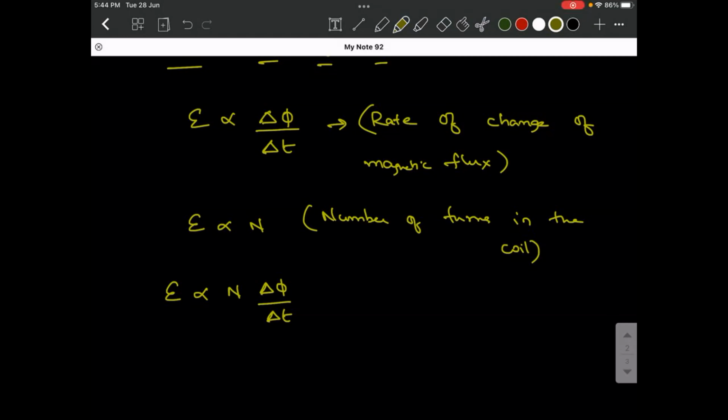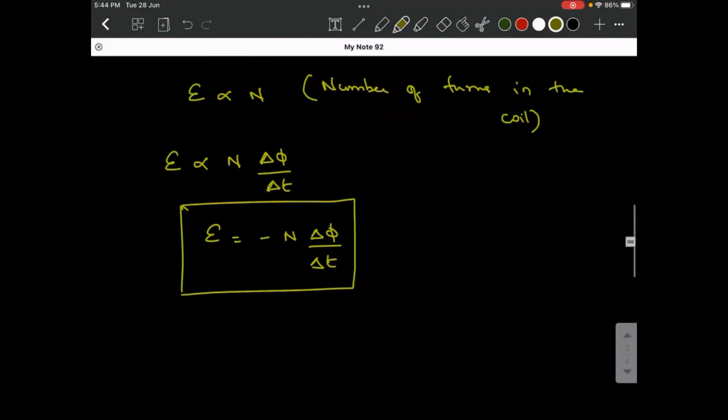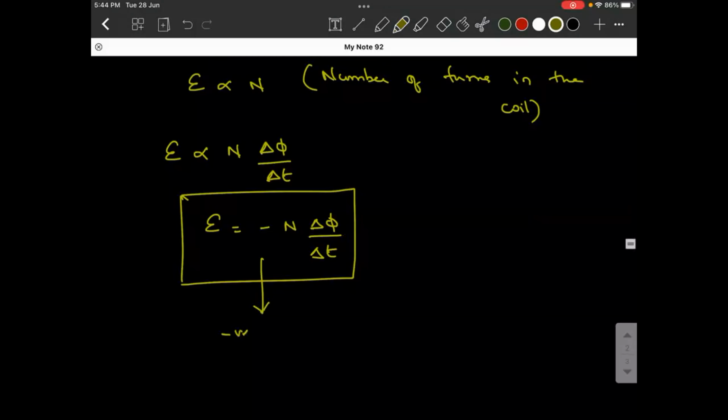So EMF is directly proportional to n into delta phi divided by delta t. So EMF will be equal to negative of n into delta phi divided by delta t, where this negative sign is the significance of a law called Lenz's law.